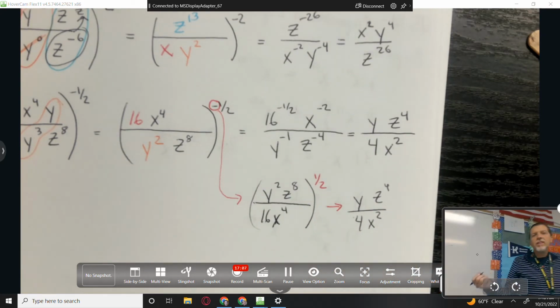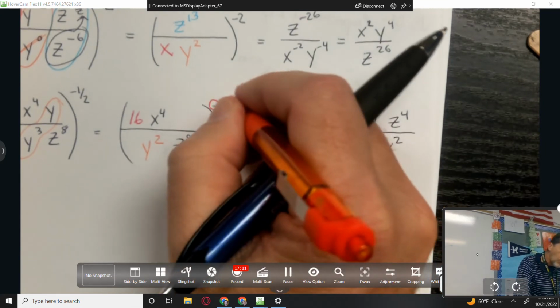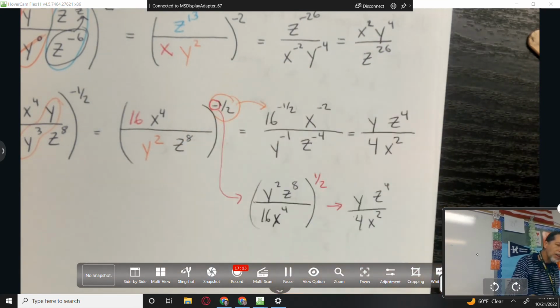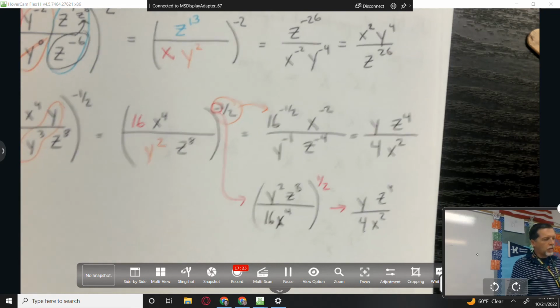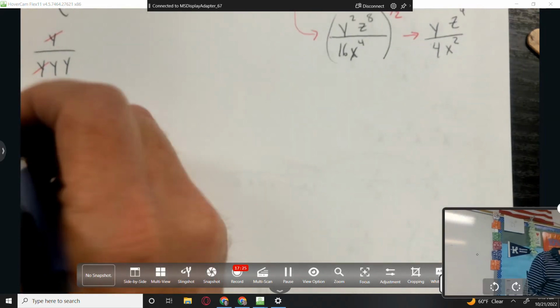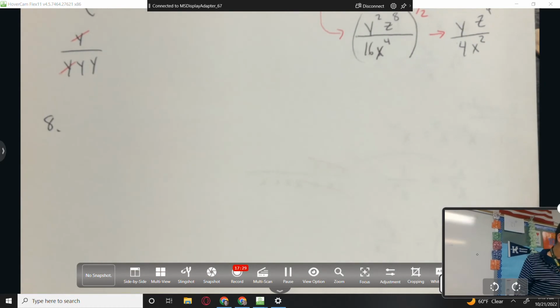So you'd get the same thing if you use all of it, negative 1/2 first, or if you just use the negative first. Either way, you get the same thing. I guess, as always with math, the more complicated the problem, the more routes there are to get to the answer.